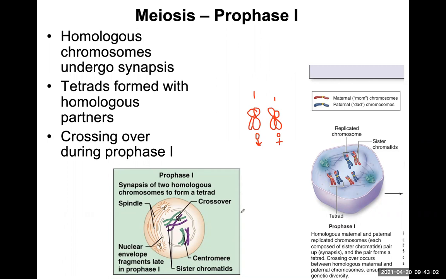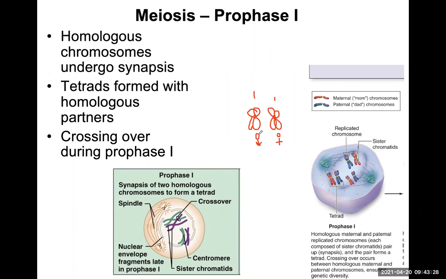Crossing over is the event during which, for a particular allele, right? And remember, an allele is a gene that codes for the same phenotypic trait in one chromosome versus another. So if the trait is eye color, and let's pretend, although this is not true, that eye color is controlled by just one allele, okay?